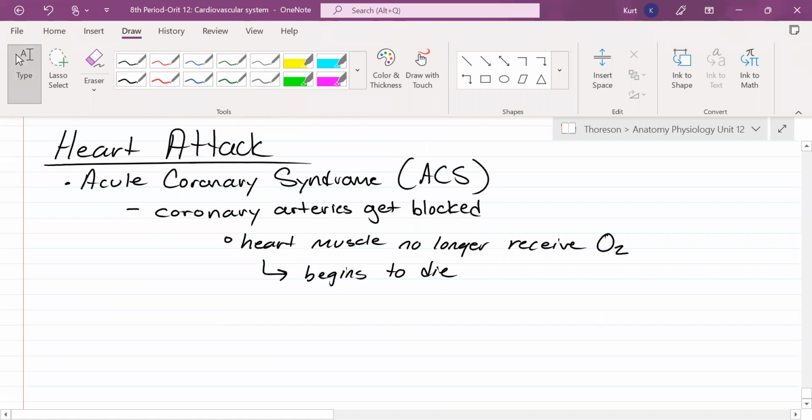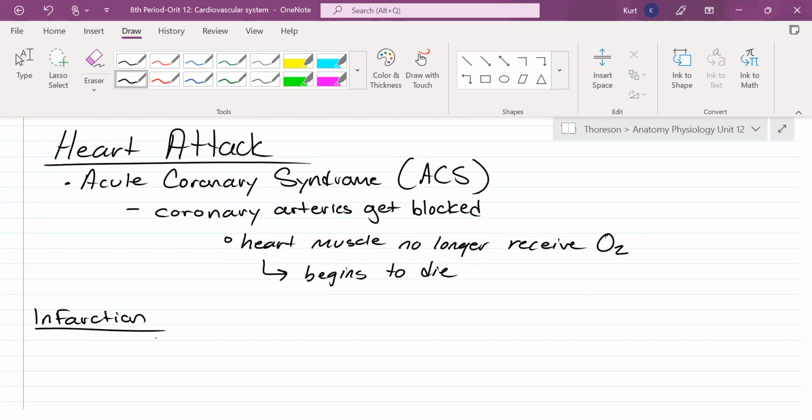But another term for you all to know is an infarction. I wasn't alive, but my grandfather died, and I think he died of a myocardial infarction. Myocardial means that his myocardium was cut off of oxygen.